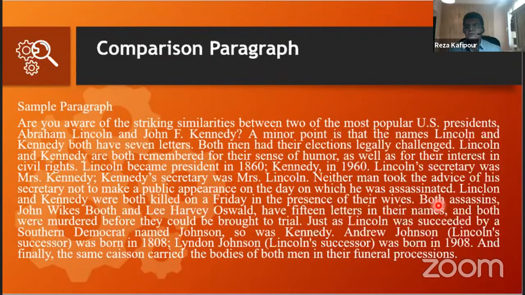You should try to use a different structure. But actually, as you see in this paragraph, that is a long paragraph, we use nearly all the structures. So some of them are used several times. But if you have the choice to use each one of them in a different structure, it would be better to do so.